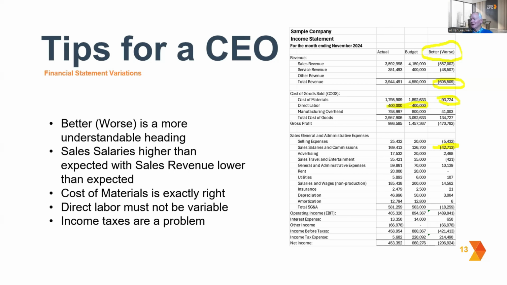You're spending more money on your sales salaries, and your sales are down. That's a key indicator that you probably have an issue. So once again, having a comparison of actual to a budget or actual to an expectation can help you focus your efforts on making corrections where they need to go.